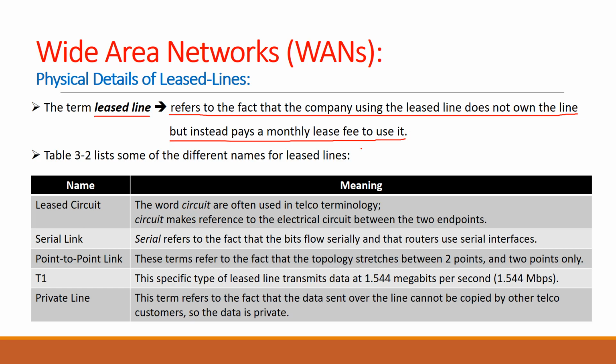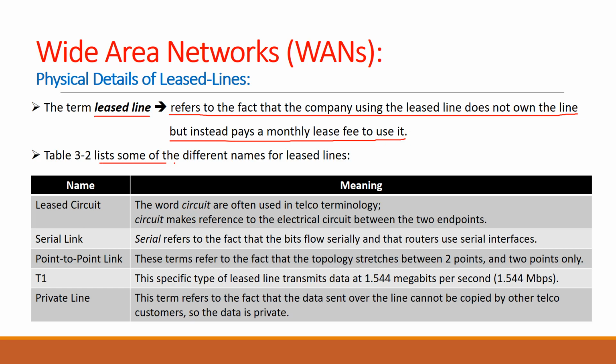Because none of the companies have the rights to dig in the streets and put cables, except the telephone companies that have the authority to run cables under the streets and charge the companies the monthly or annual fees to lease this line. That's why it's called a leased line.